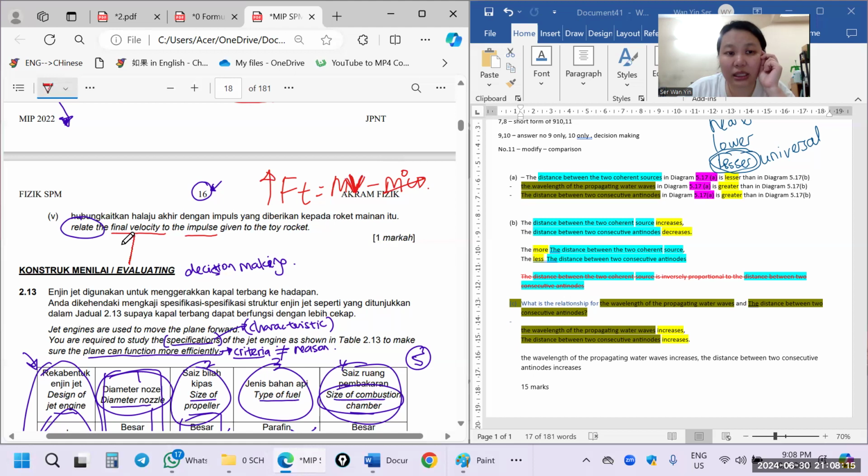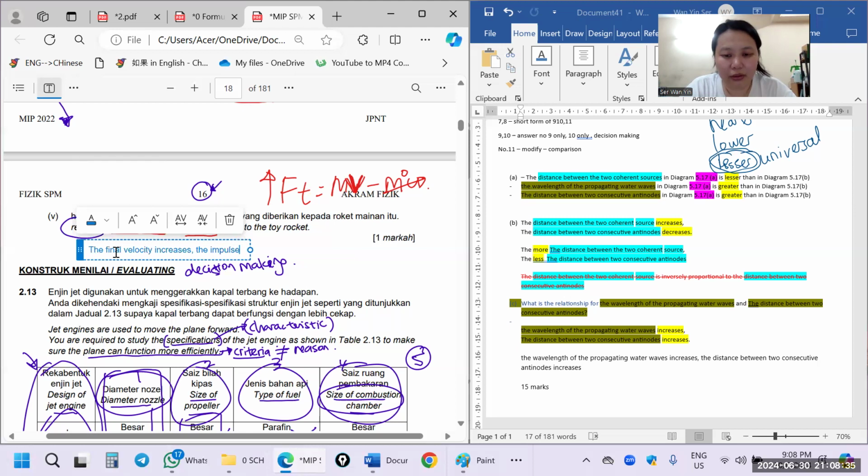So final velocity increases, impulse increases. Of course, now we are doing exercise. Don't use arrow in the exam, so please write properly. The final velocity increases. The impulse increases. Okay, understand.